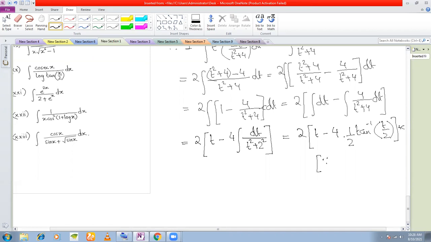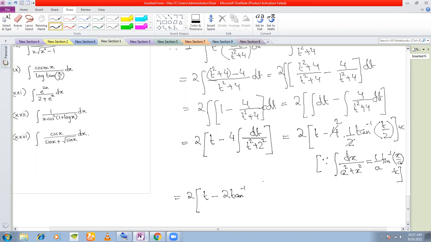The formula that I've used here is the one I just mentioned a little while back: integral dx by x square plus a square is equal to 1 by a tan inverse x by a plus c. That means you get here twice t minus 2 tan inverse, because this cancels here.